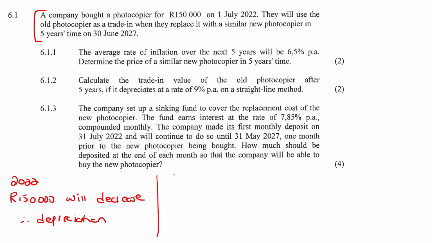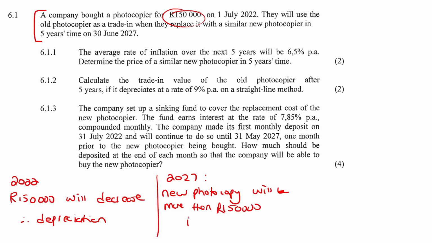Okay. In 2027, what are they going to do? They're going to buy a brand new one. They're going to buy a new photocopy machine, and it will be more than 150,000. Why? Even though it's going to be the same type. It says here, a similar type. The new photocopy machine will be more than 150,000.